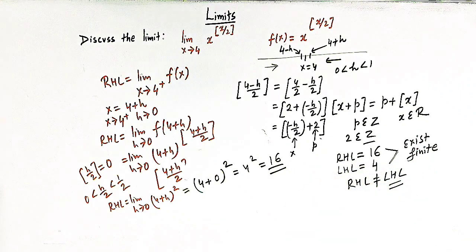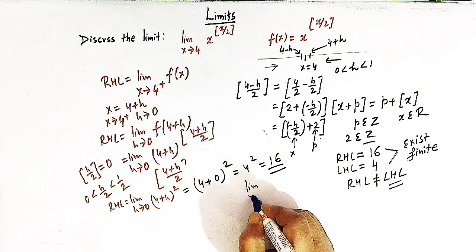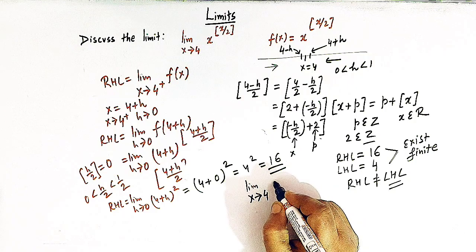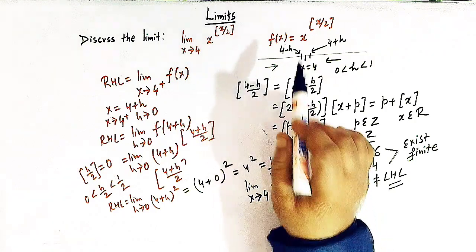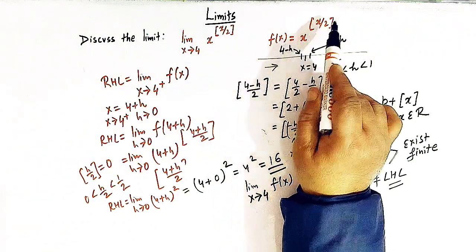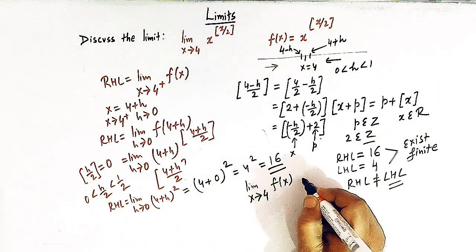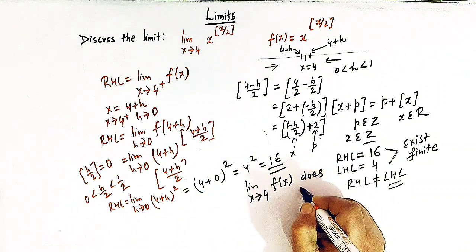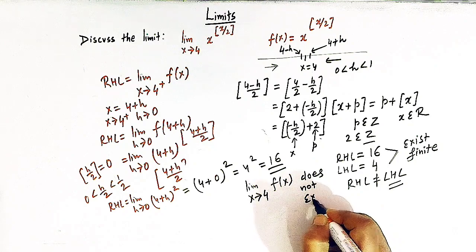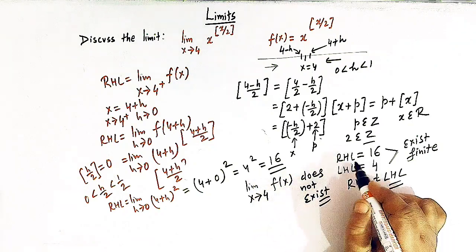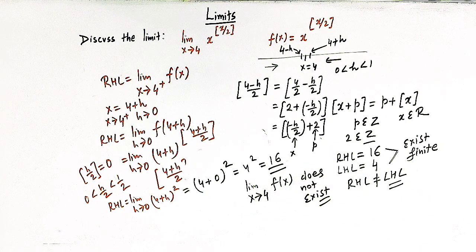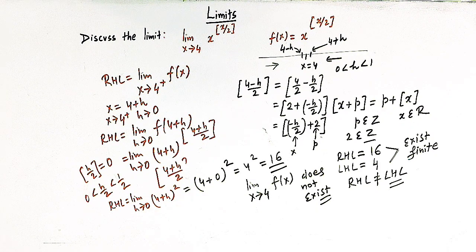So we can safely claim that this limit, that is limit x tends to 4, f of x, where f of x is x raised to greatest integer of x over 2, this limit does not exist, because the right hand limit is not equal to left hand limit. So this is how we can solve these type of problems.